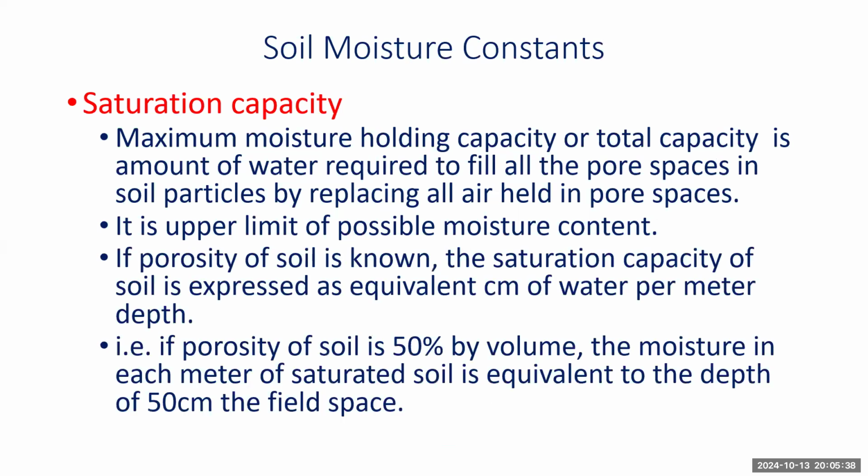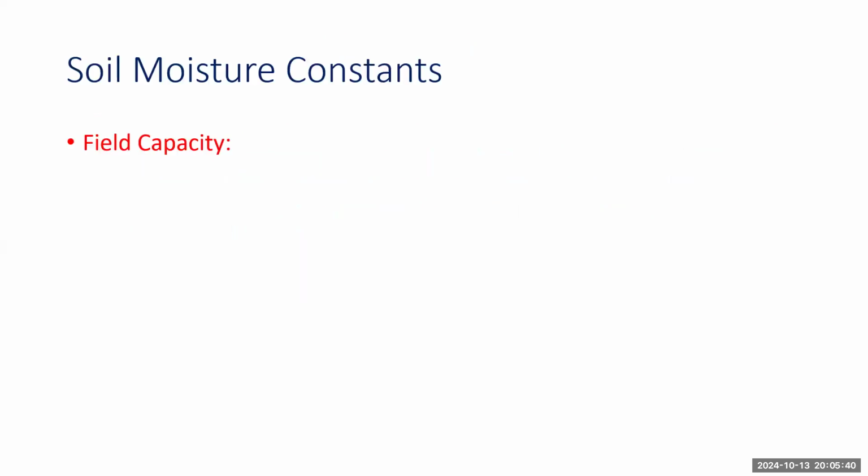After that, we discussed the second soil moisture constant, that is the field capacity. We know what field capacity is. Field capacity is the amount of moisture content retained in soil after draining the gravitational water. We discussed three classes of soil water, and one is gravitational water.